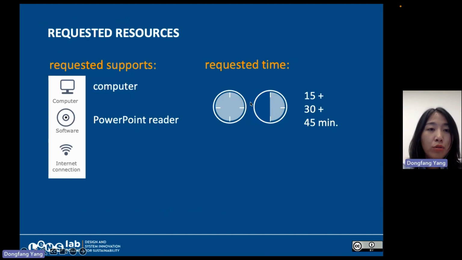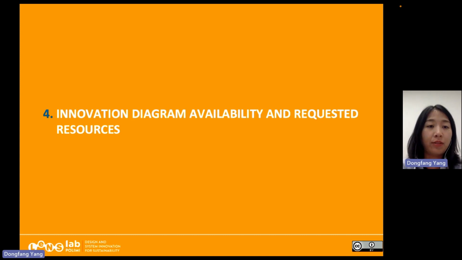To use the tool, it requested a computer with a PowerPoint reader, and for the analysis of existing furniture PSS, it should need around 15 minutes, and for the concept design, it needs 30 to 45 minutes.